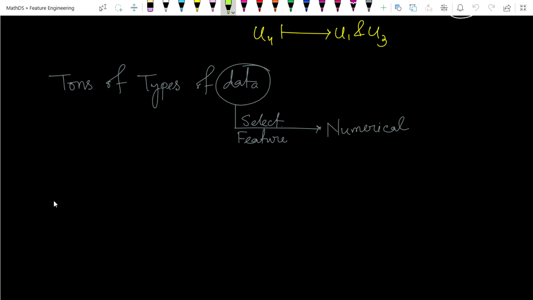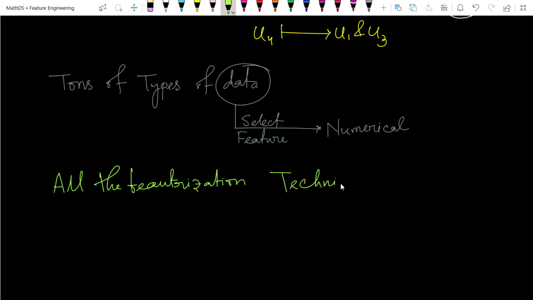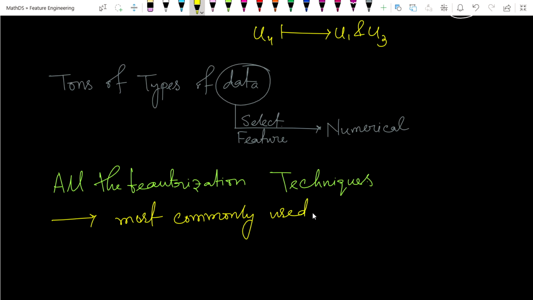We will learn all the most commonly used featureization techniques here.